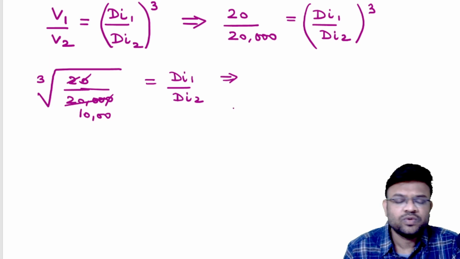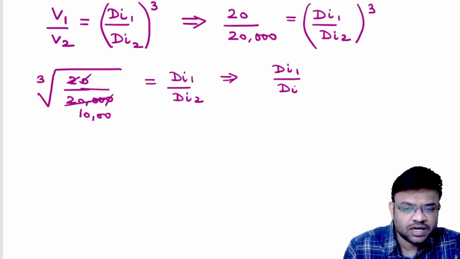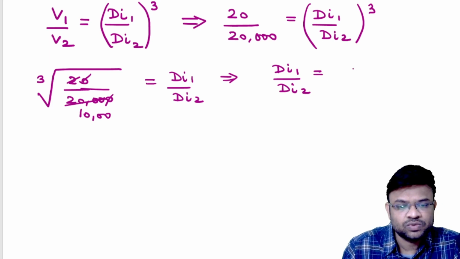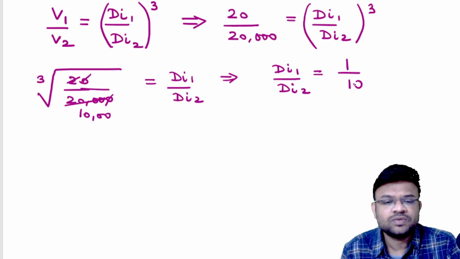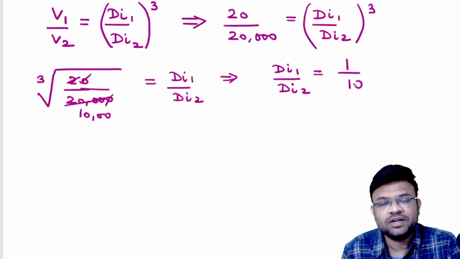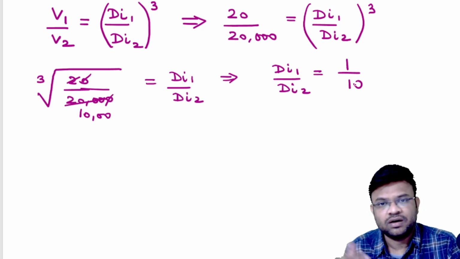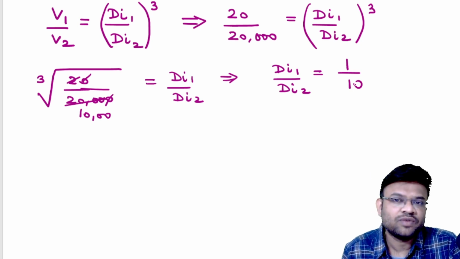What you would be getting is that di1 upon di2 is equal to 1 upon 10. So that means the ratio of the diameters of the impeller would be 1 by 10.